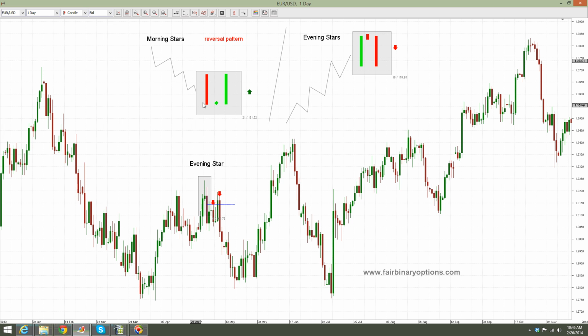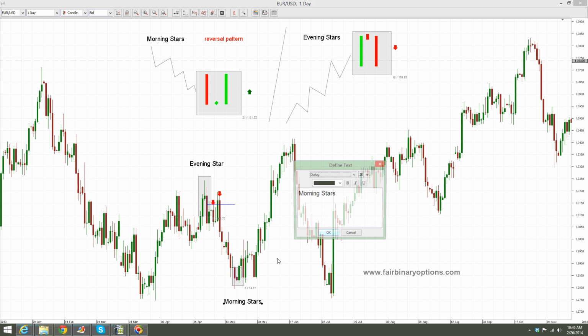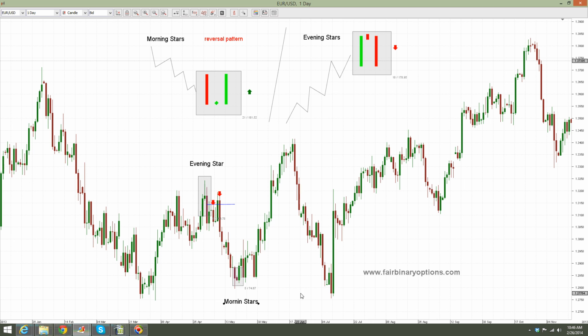morning star. Now a morning star is exactly the opposite of this one. It is to be found here at the bottom on the Euro US dollar. And let's say that this is a morning star. Based on what we've discussed so far, this is a bullish pattern. It comes after a bearish downtrend.